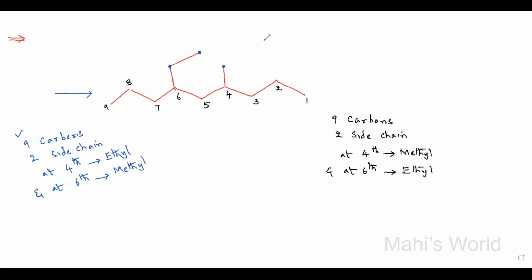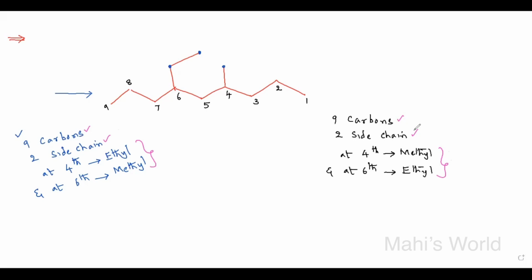Same. Look at these two things. Forget about the first two because both are same: 9 carbons, 2 side chains. The interesting part is 4th and 6th. 4th and 6th have got different substituents.